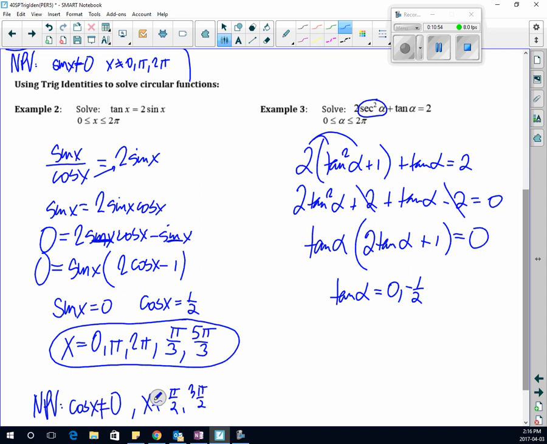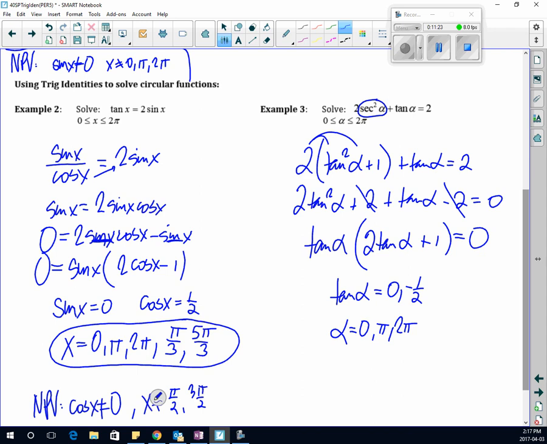0 and negative 1/2. Okay, so at this point 0 is on the unit circle for an exact value, so what's alpha equal to? Where's tan 0? Okay, so tan alpha equal to negative 1/2 is not an exact value on your unit circle.